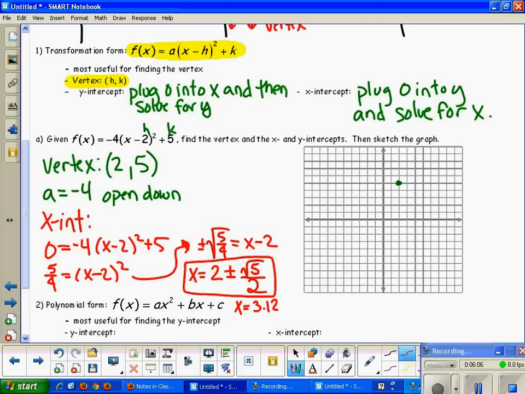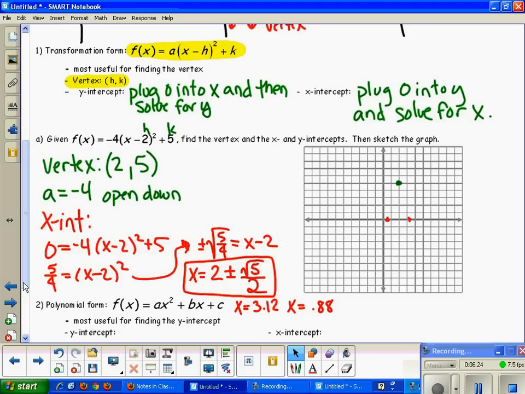So 1, 2, 3.12 would be somewhere in there. And then if I do 2 minus root 5 divided by 2, I end up with x equals 0.881. So I'm going to leave it at 0.88, which would be here.